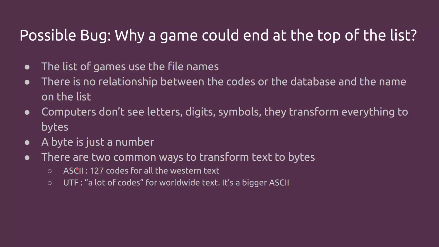There's another method called UTF, where you have codes for text coming from all over the world. So if you have Japanese text, for example, you need UTF. ASCII will not be appropriate for that. So your game names internally are represented as ASCII code or UTF code.